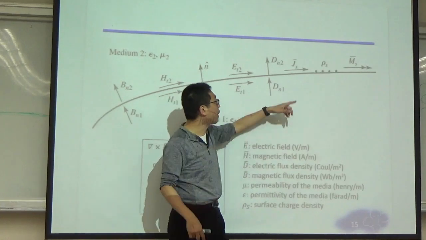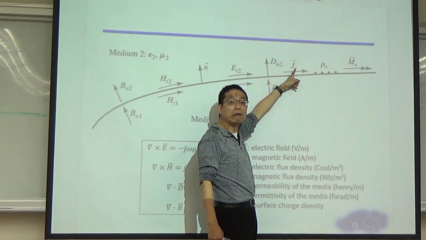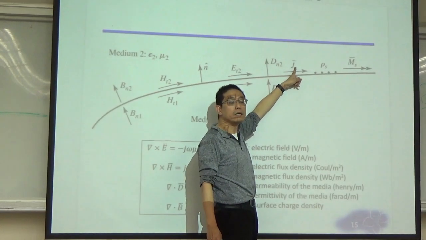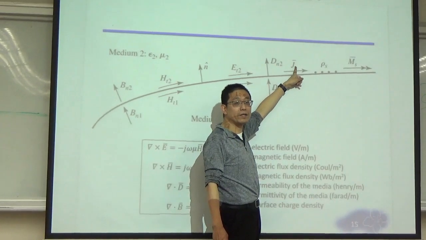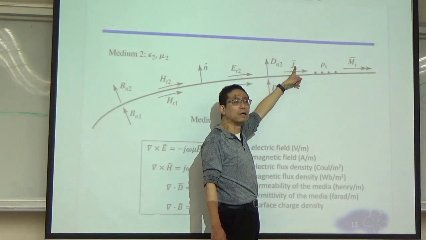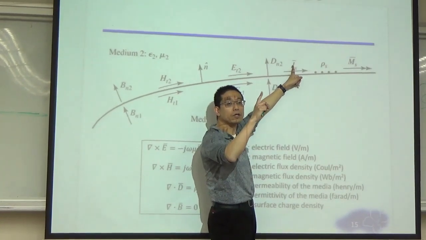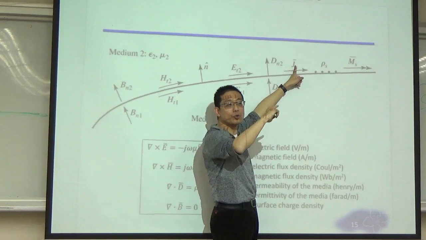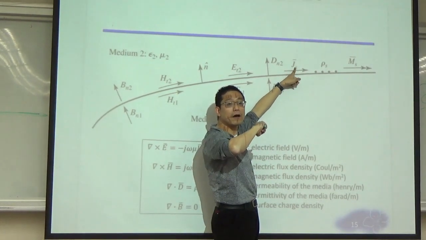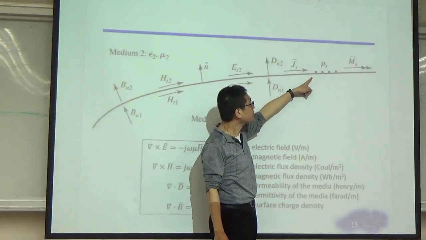We will have Js, which is the current density, I think a linear current density: current divided by a one-dimensional line.